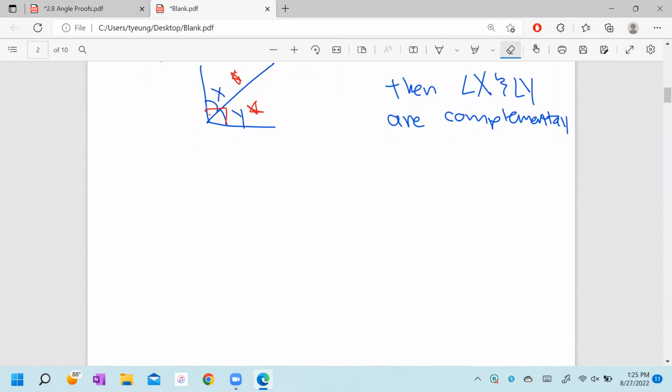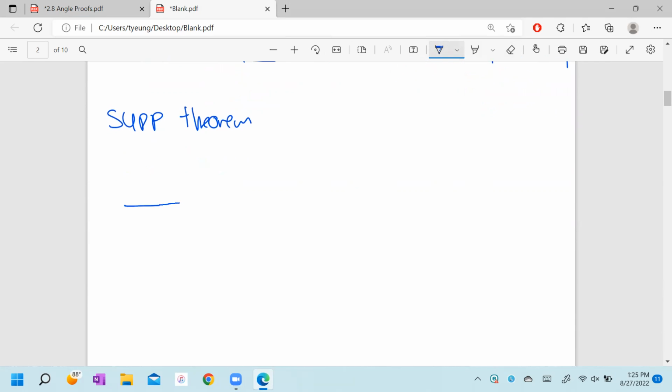Same idea for the supplementary theorem, right? If H and I form a linear pair, and remember, you can look back at your notes, a linear pair means that we have two angles that are adjacent, which means they are touching one another.